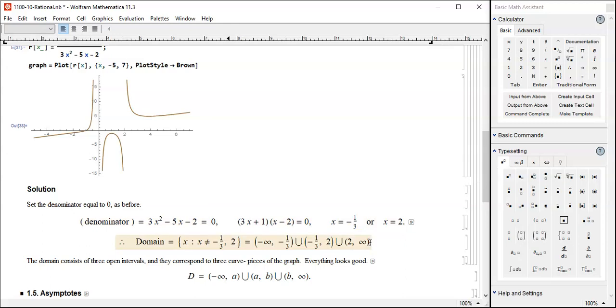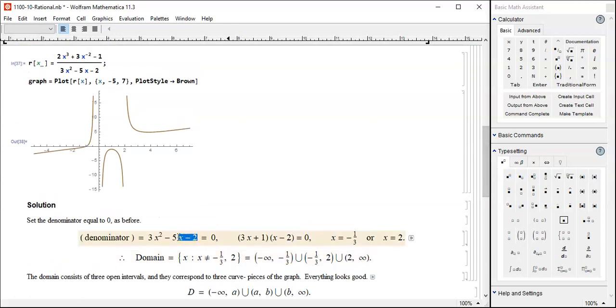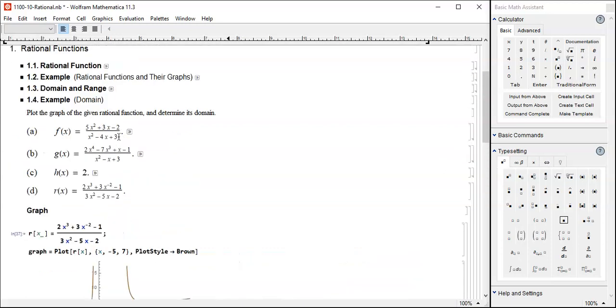Just a little digression here. This factorization from here to there is going to be a little tough for some people. If you have no problem, that's great. Stick to your method. But in case some students are a little puzzled by this, here it was easy because the leading coefficient is 1.